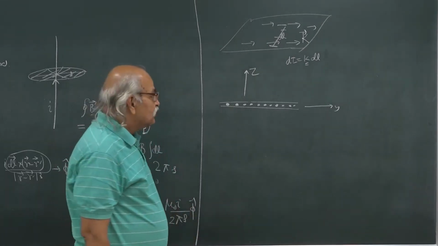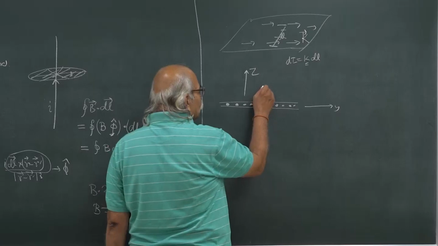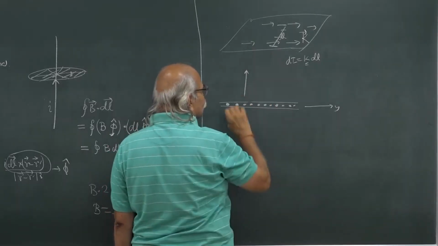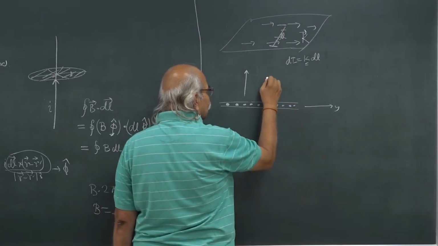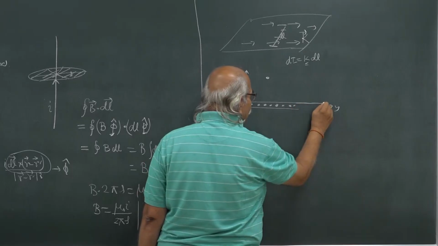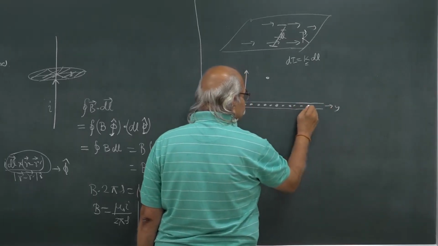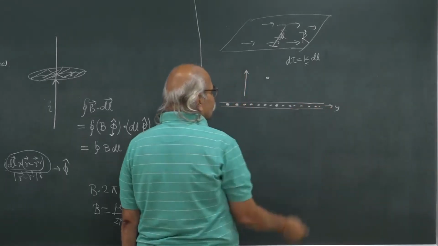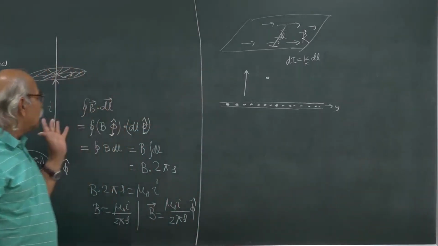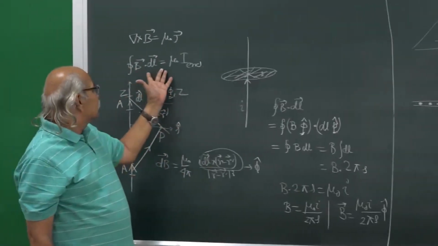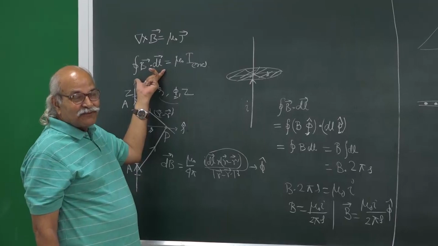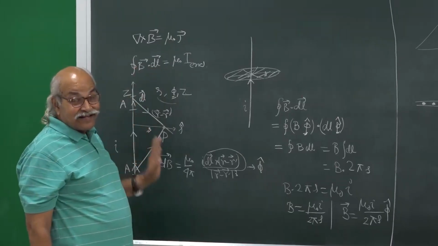Now, if I want to know the magnetic field due to this whole thing at some point, and I want to use Ampere's law, I have to evaluate this integration, and therefore, first I should know the direction.